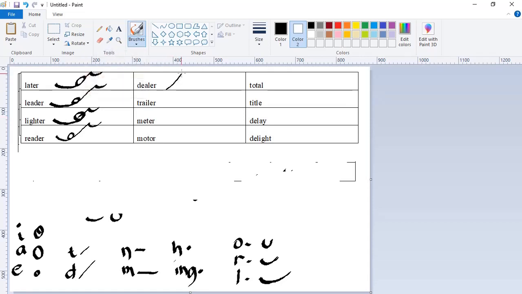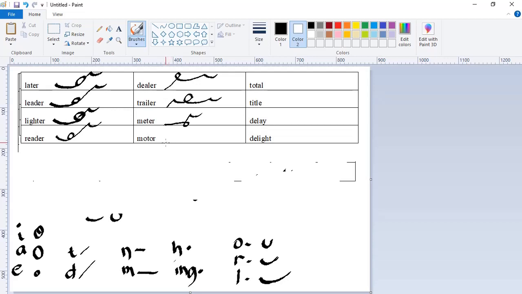We have D, and then E, and then L, and then R. That's how you write dealer. Next, we have trailer. So we have T-R-A-L-R. Trailer. Meter. We have M-E-T-R. Meter.